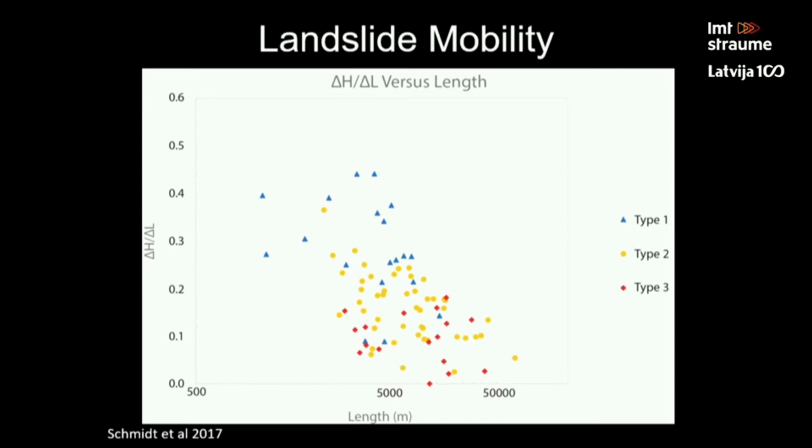There's other things that can happen. It could be acoustic fluidization. We prefer probably grain boundary sliding with ice or liquids in the flow based on several factors. But basically, these type 3 landslides really are very different and probably associated with impact melt. But type 1s and type 2s are kind of clustering differently.